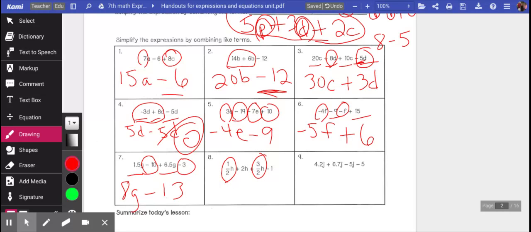But if you notice, we have common denominators. So 3 plus 1 is 4. So we have 4/2, which equals 2, plus another 2. So we have 4H minus 1. Remember, always try to do the math if you can first, without the calculator.